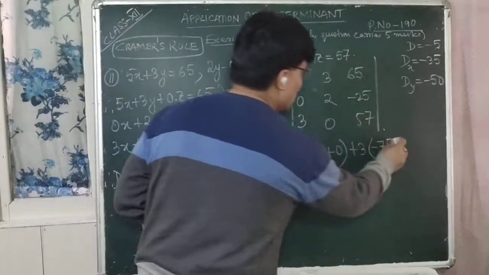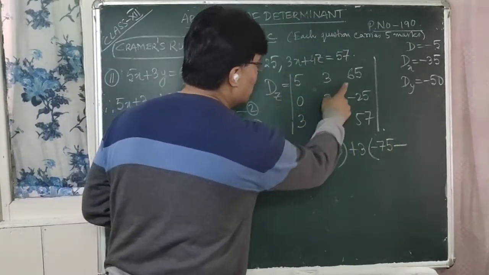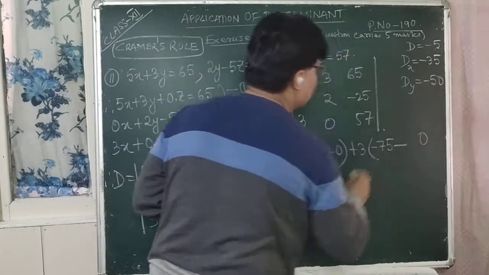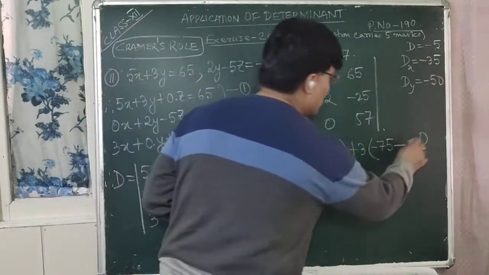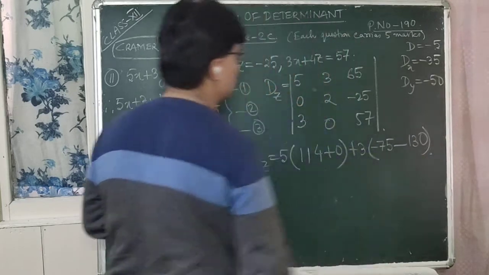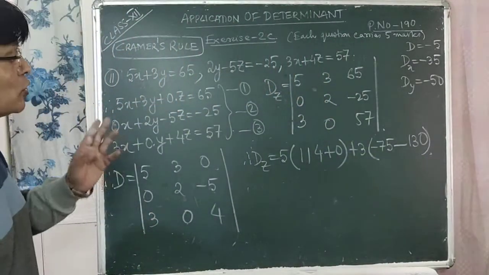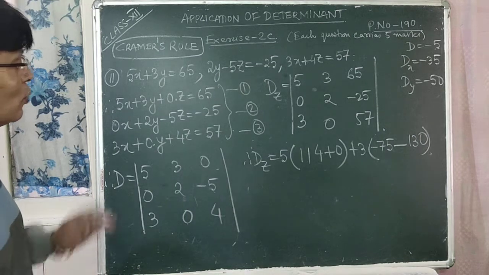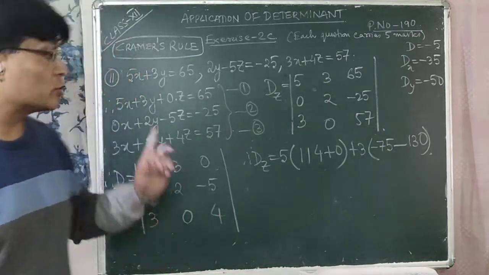Then comes minus sign again. So 2 into, you cross multiply 2 by 65. What do we get? 2 5s are 10, 0, 1. 2 6s are 12 plus 1 is 13. So 2 into 65 is 130.